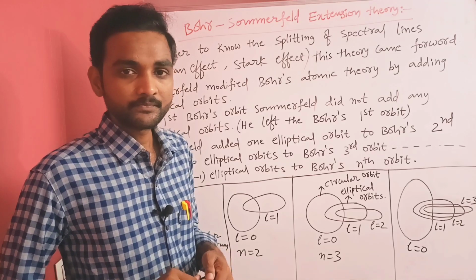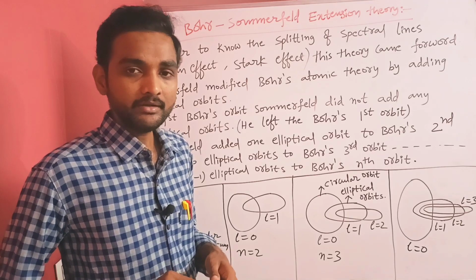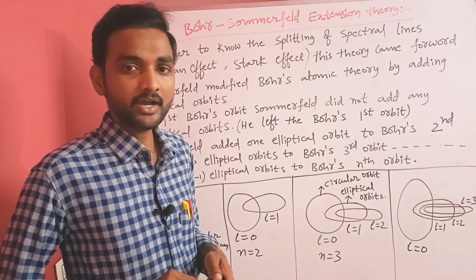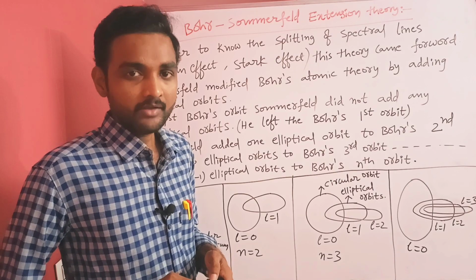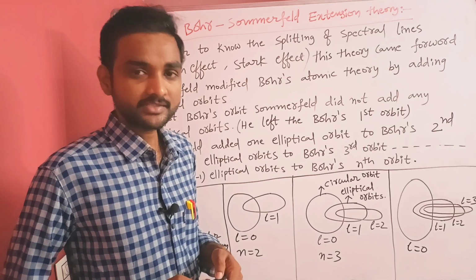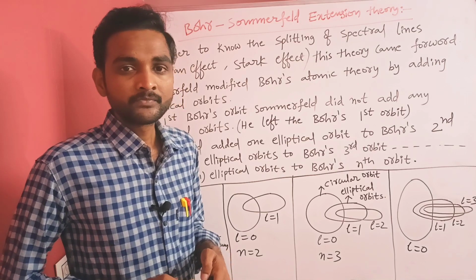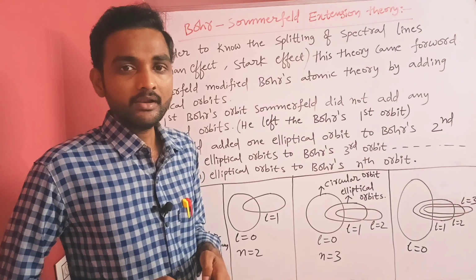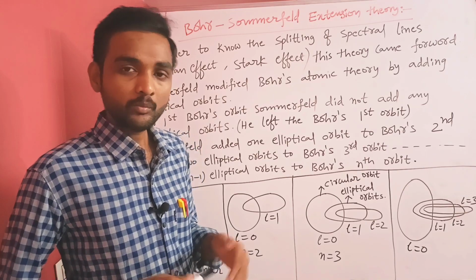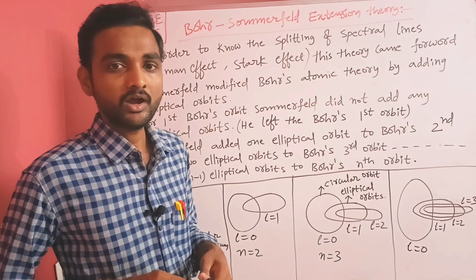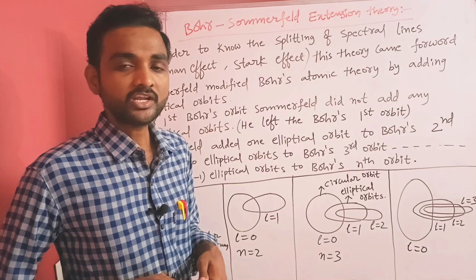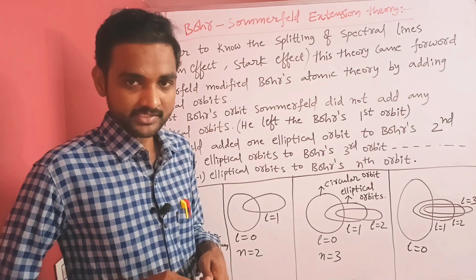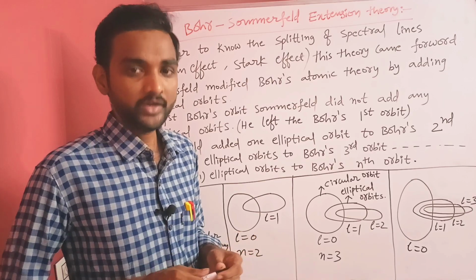The splitting of spectral lines under a magnetic field is called the Zeeman effect. And what is the Stark effect? The splitting of spectral lines under an electric field is called the Stark effect. And one more limitation of Bohr's atomic theory is that it is applicable to only one electron system. So Niels Bohr's theory failed.